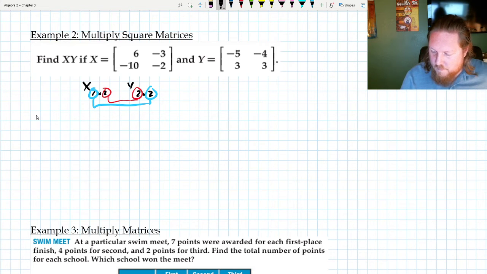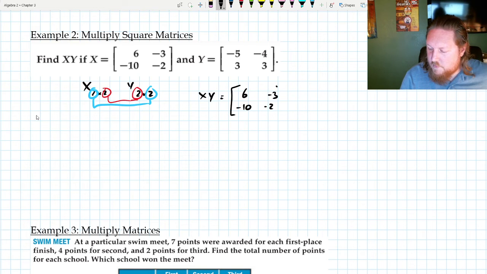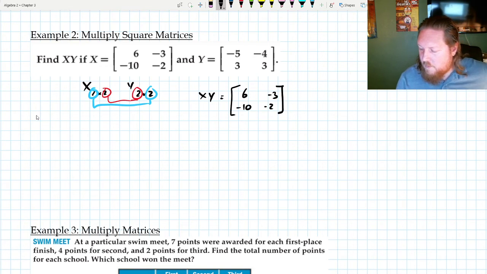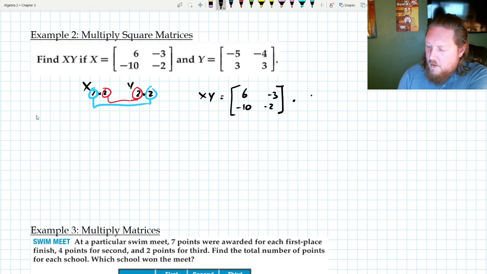So let's go ahead and write it out. X times Y is 6, negative 10, negative 3, negative 2. And then we have, I use a dot for multiplication here, negative 5, 3, negative 4, 3.